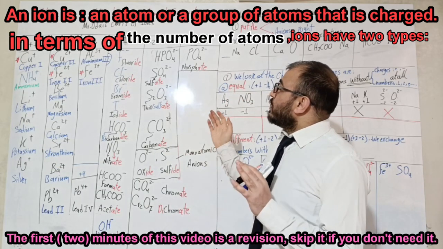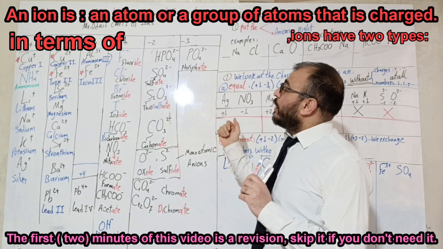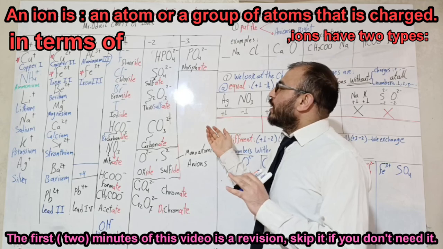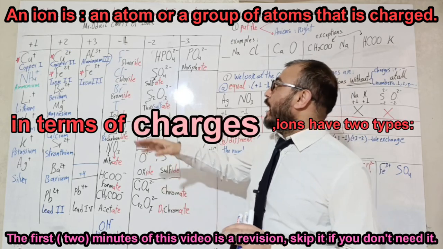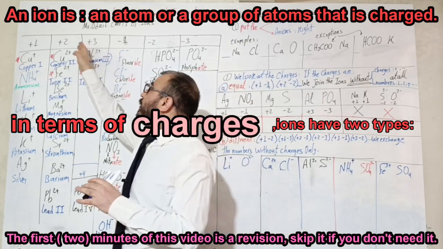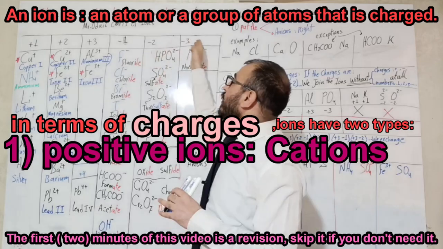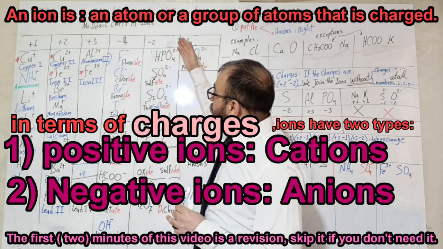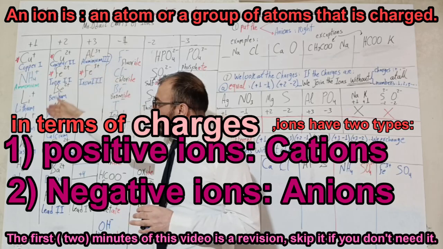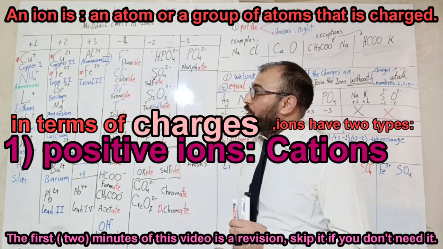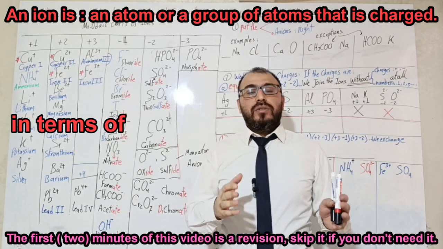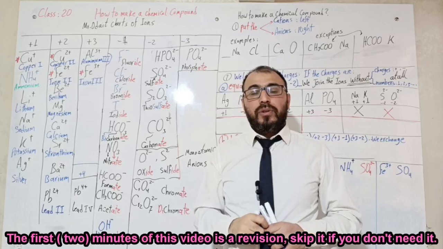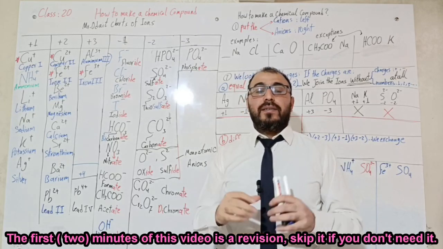Now, my friends, we said that in terms of charges also we have two types of ions: the cations, or positive ions, and the anions, or negative ions. As you see, my friends, here I put this beautiful chart for you so that you can use it and memorize it for the upcoming classes.